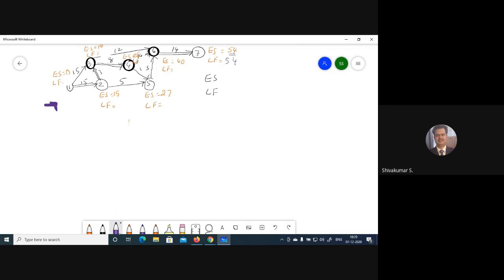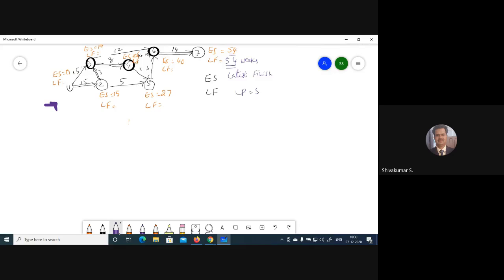Latest finish means for the seventh event, only after 54 weeks this can finish. It's a finish time, latest finish, LF. So this seventh event can complete only after 54 weeks because the critical path itself is 54 weeks.